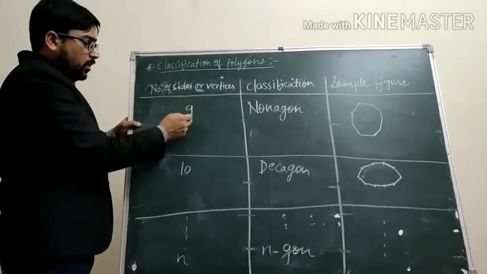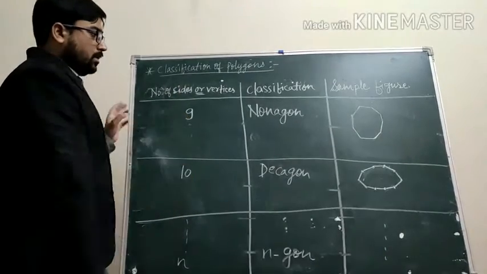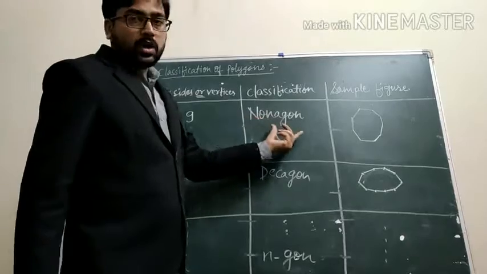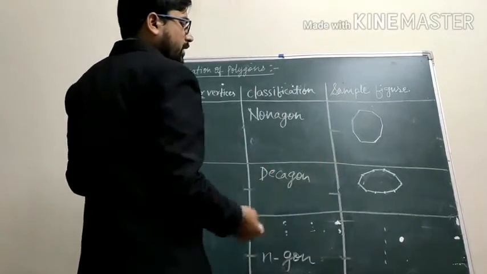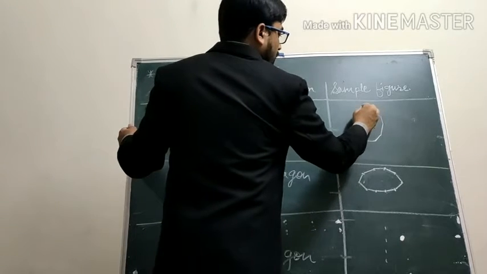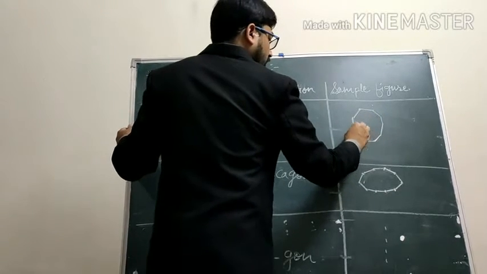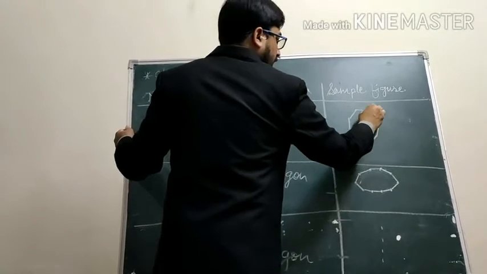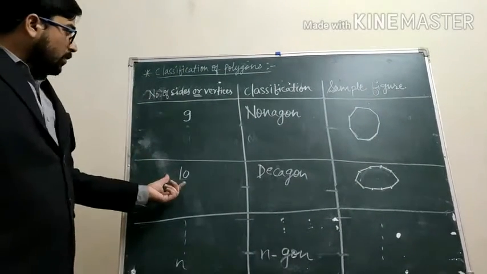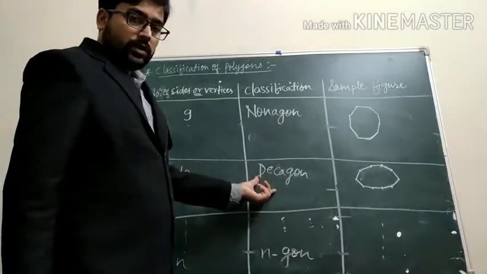Now, number of sides 9. Name is nonagon. And the sample figure you can draw anyway. 1, 2, 3, 4, 5, 6, 7, 8 and 9. Number of sides 10 is called decagon.